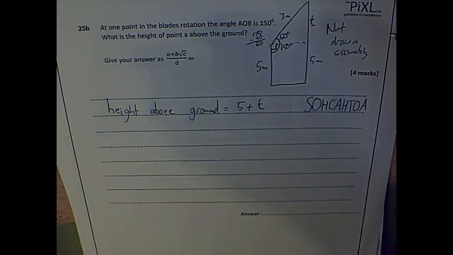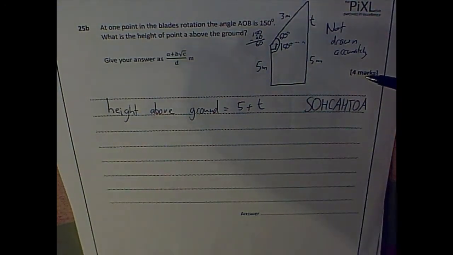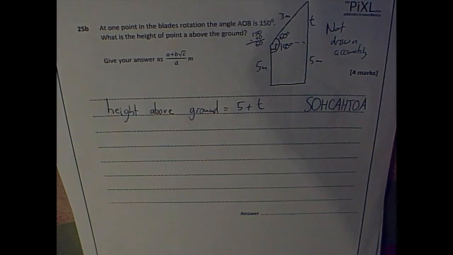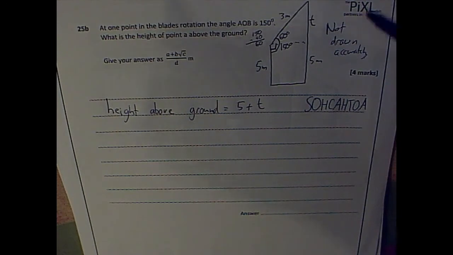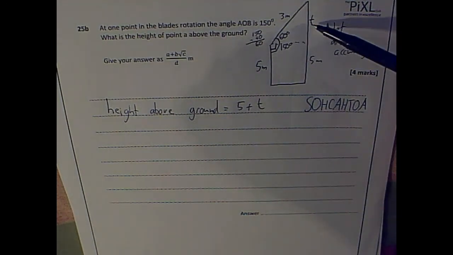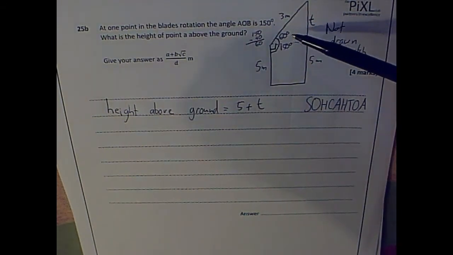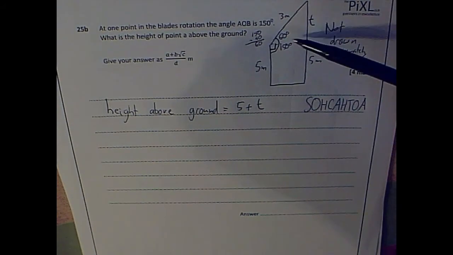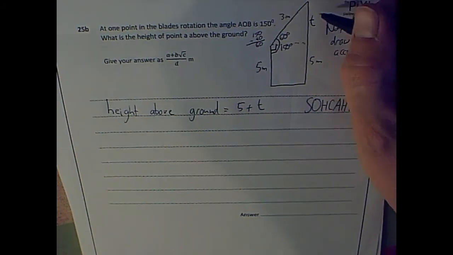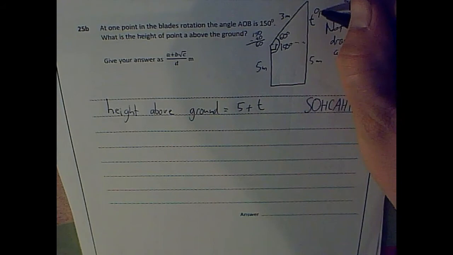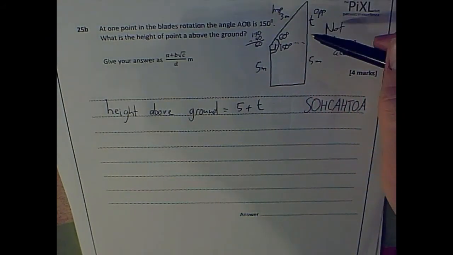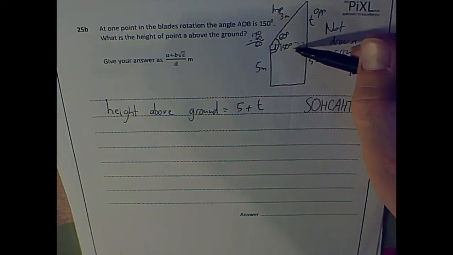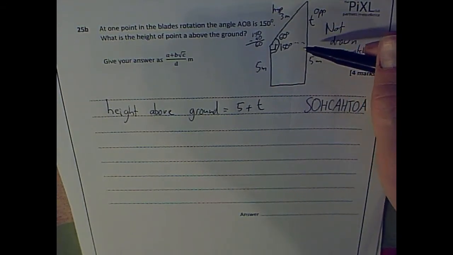Okay, so I can see that I'm going to be needing to use this because I'm going to be able to work out T using SOHCAHTOA. So in relation to that 60 degrees, this would be my opposite. That's my hypotenuse. And those are the ones that I've got information for. I haven't got any information for that, so I'm not going to worry about that.